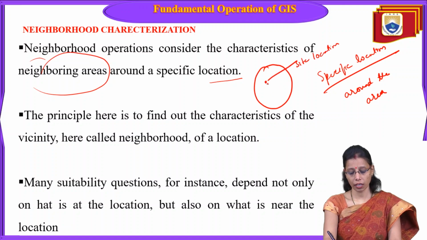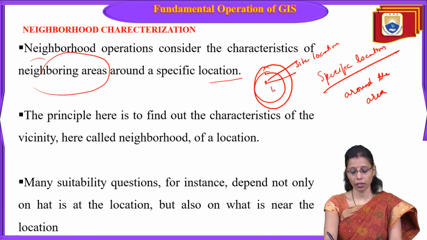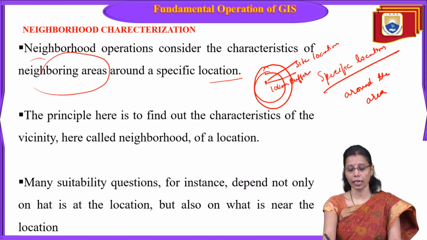Around this site location, what are the features available? In this, you can specify a 10 kilometer buffer. What are the features available? That information it will give, because this is the site location, and it will tell you about the different neighborhood characteristics around that particular point.